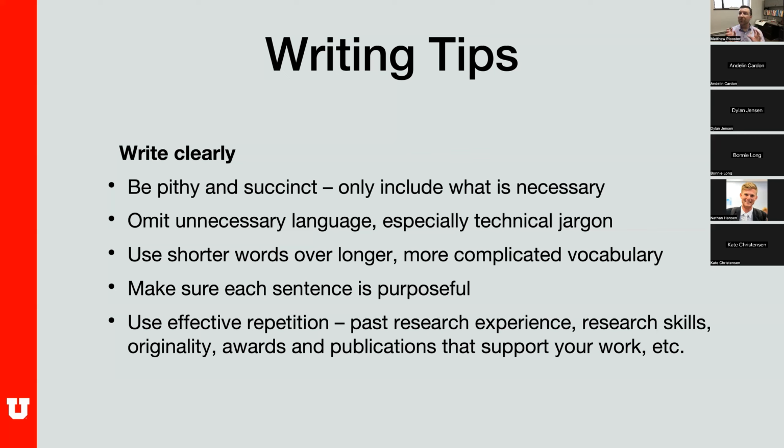Feel free to repeat things between your research statement, your personal statement, and even within those statements, if it makes sense to repeat. Again, I'm the right person to do this because I have the skills, I have the experience, I have the drive and passion, etc. It's okay to say those things more than once.